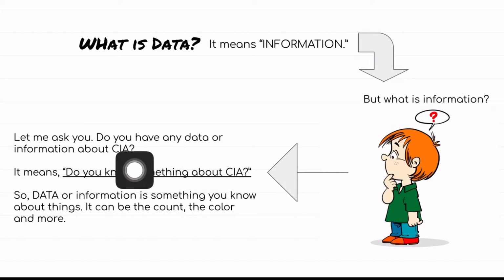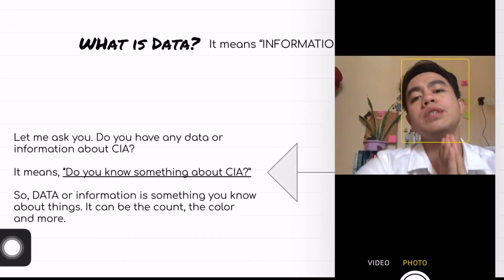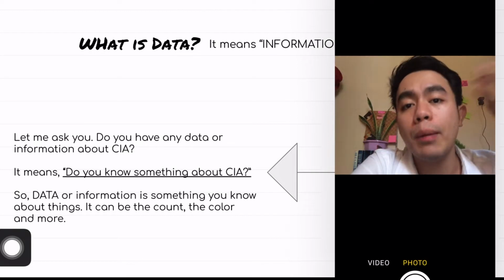If I ask you this question, it means, do you know something about CIA? So data or information is something you know about things. It can be the count, the color, and more.